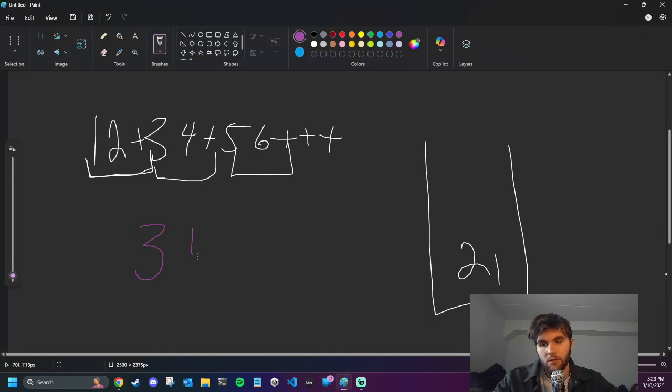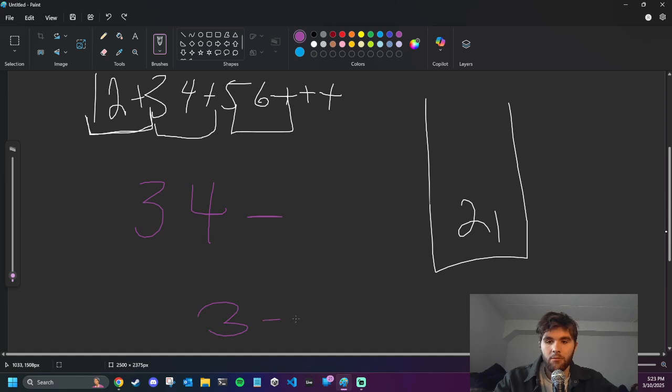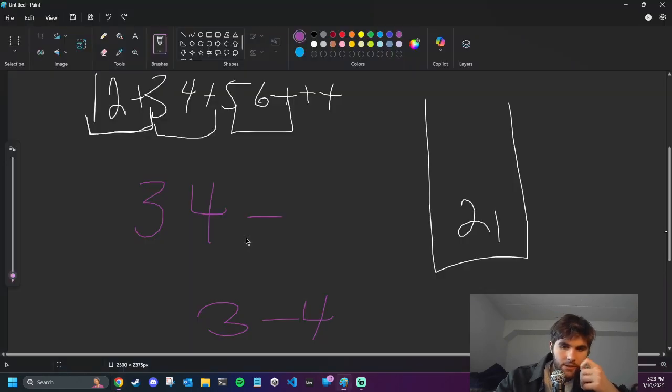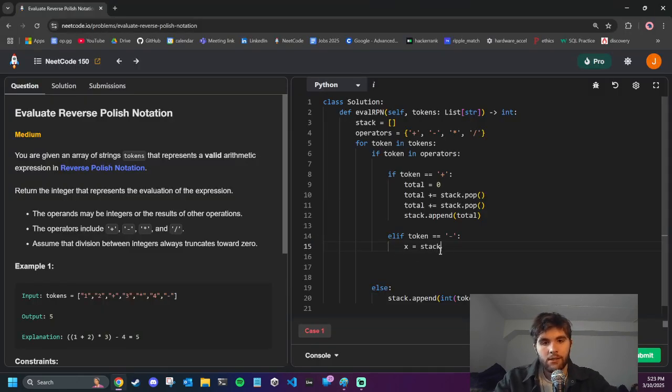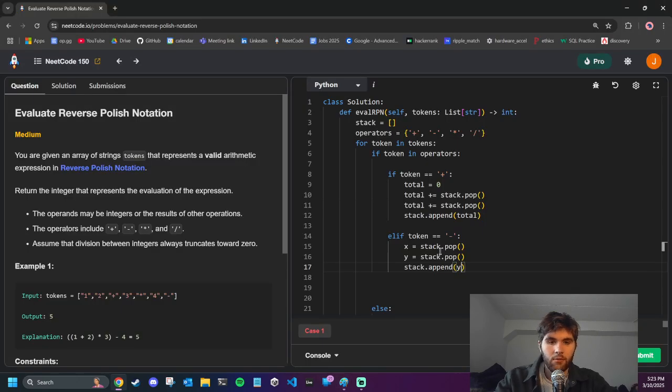If we have the expression 3, 4 minus, this means we want to do 3 minus 4 if we were to arrange it in infix notation. So when we pop, we'll say x equals stack.pop, y equals stack.pop. So we're going to stack.append the second one we popped minus the first one.